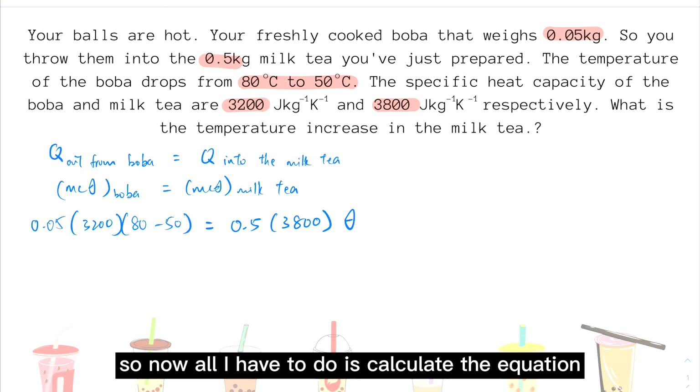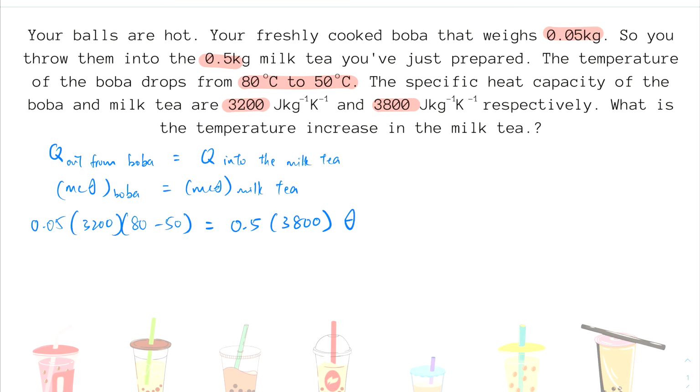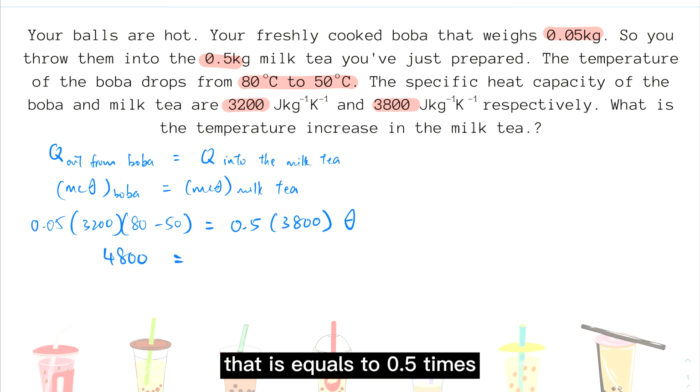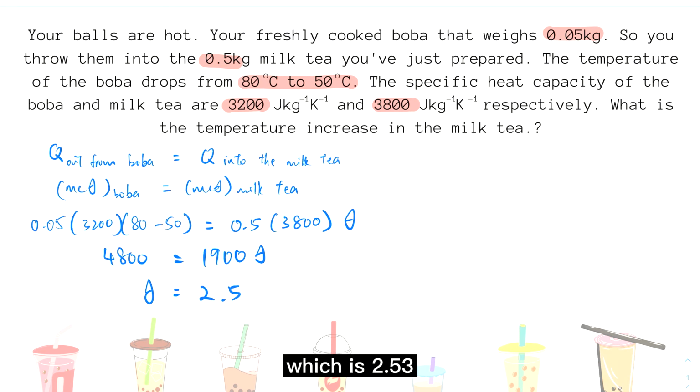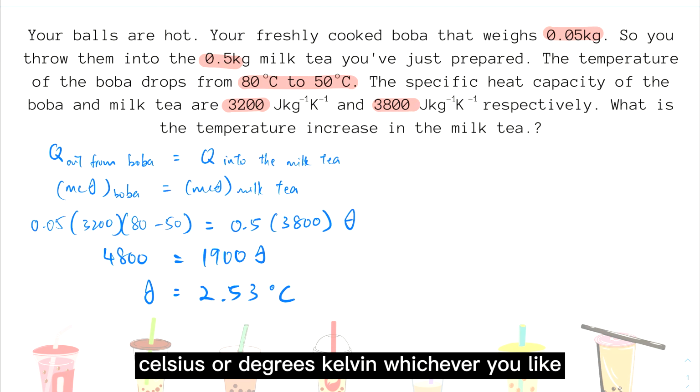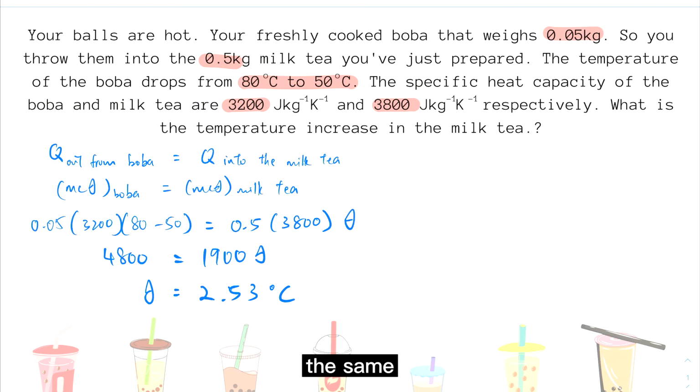So now all I have to do is calculate the equation. 0.05 times 3200 times 30 is 4800. That is equals to 0.5 times 3800, which is 1900 theta. So the temperature increase of the milk tea due to the hot boba is 4800 divided by 1900, which is 2.53 degrees Celsius, or degrees Kelvin, whichever you like, because again, the difference in Celsius and Kelvins are the same.